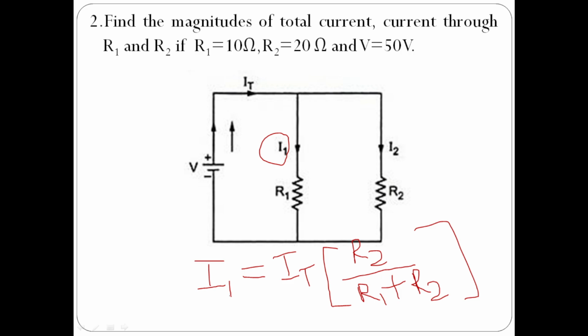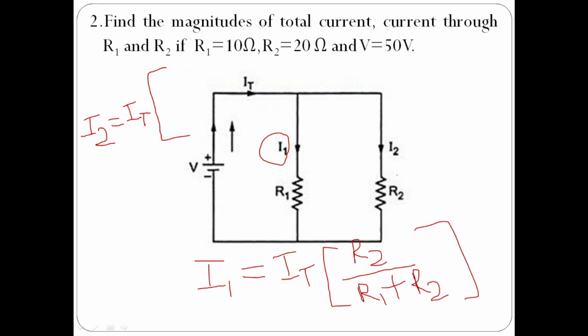I1 equals I total into opposite resistance. I1 is in R1, so the opposite resistance for R1 is R2, R2 divided by self resistance plus opposite resistance. If I want to determine I2, the formula is I2 equals I total into opposite resistance.